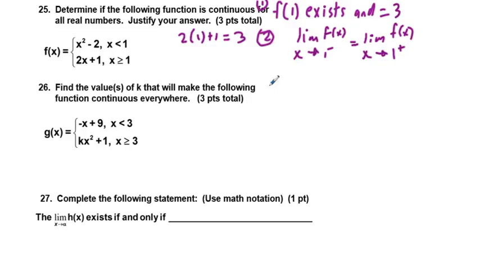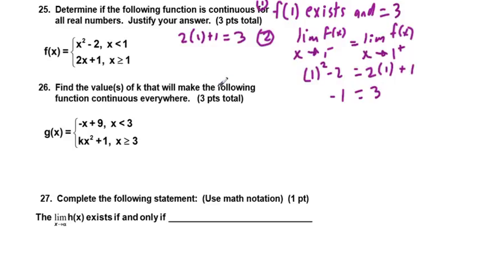From the left side, we have x squared minus 2, so 1 squared minus 2. From the right side, we already did that over here, 2x plus 1, so 2 times 1 plus 1. So on the left side, we have 1 minus 2, which equals negative 1. On the right side, we have 3.